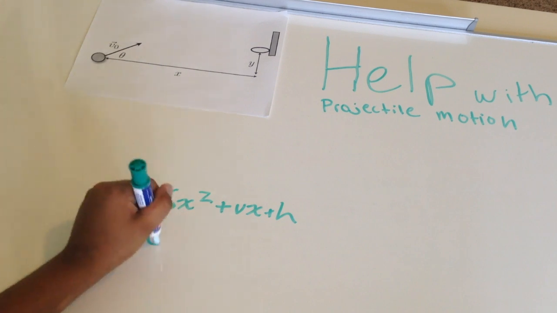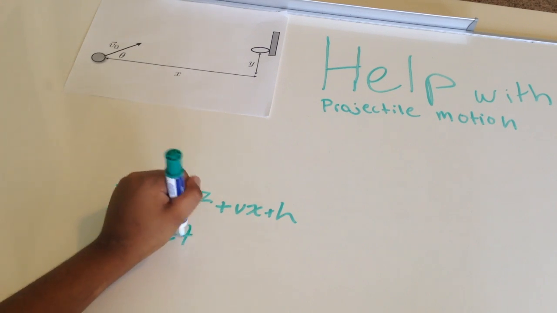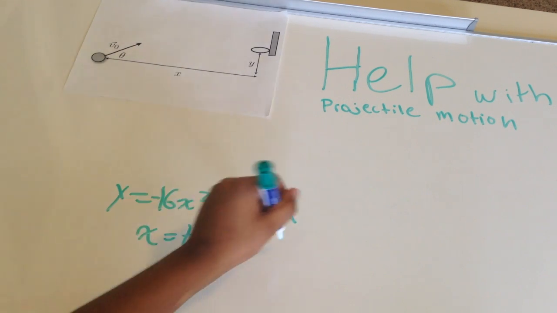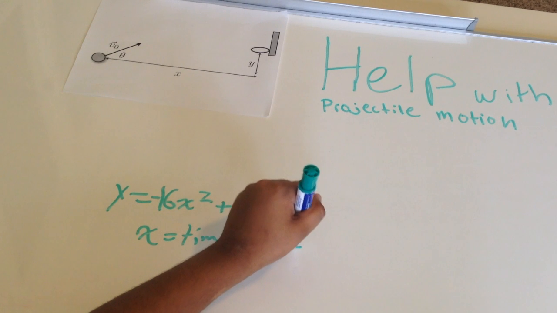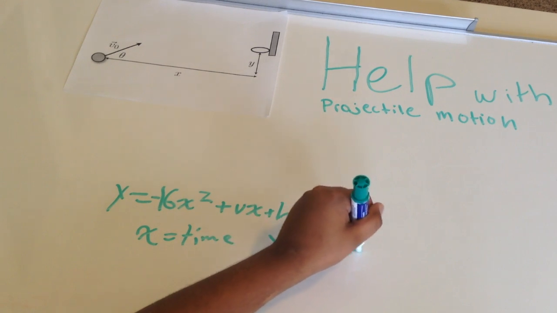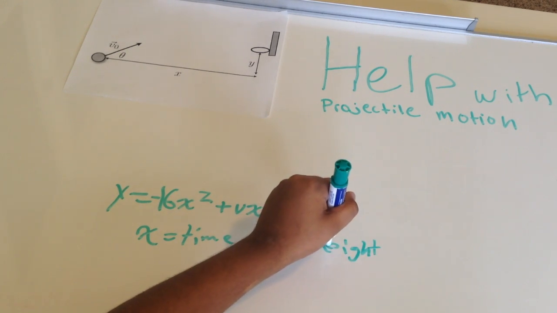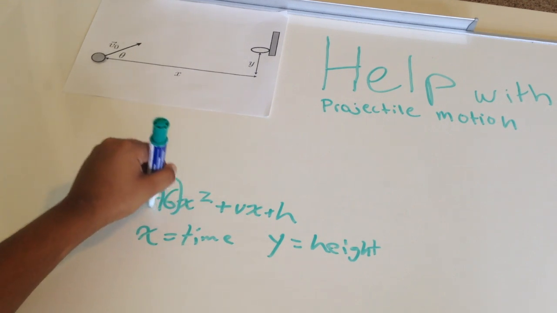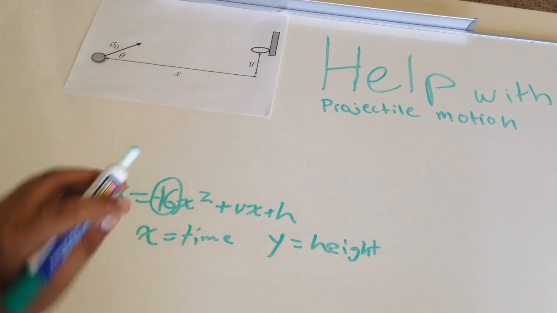X represents time. Y represents height. And a is the downward acceleration due to gravity, which we already filled in as -16. -16 is a constant.